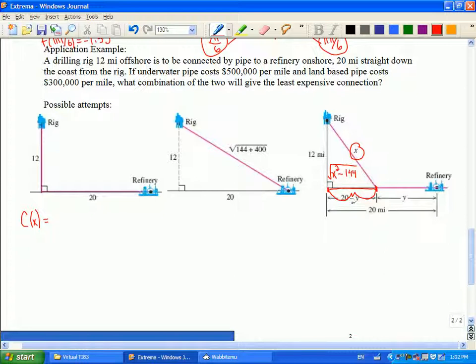So, if we said hypothetically it was 5, then 20 is the whole thing, there'd be 15 left over there. So the way you come up with the function is, this is the 20 miles, take away whatever you had over here, the square root of x squared minus 144.